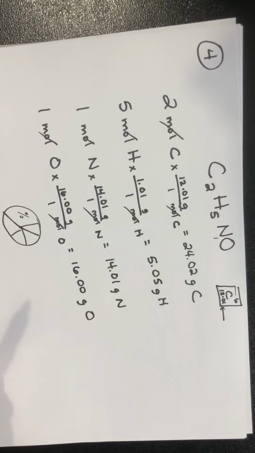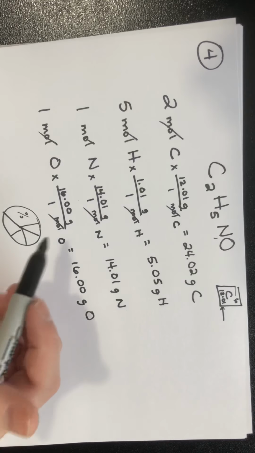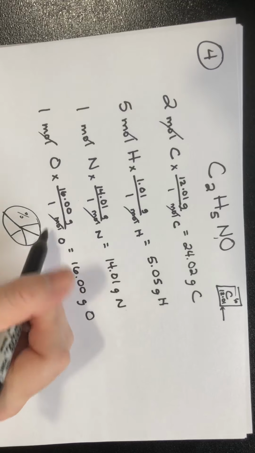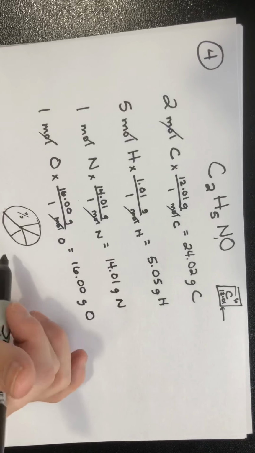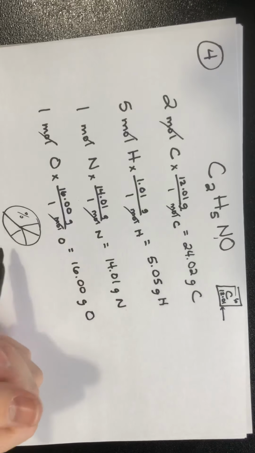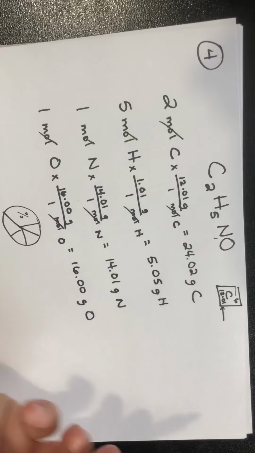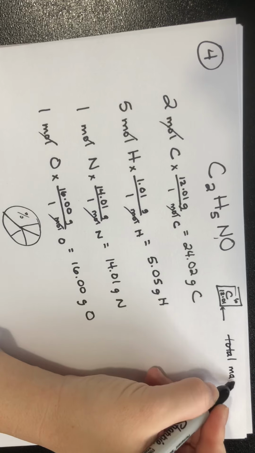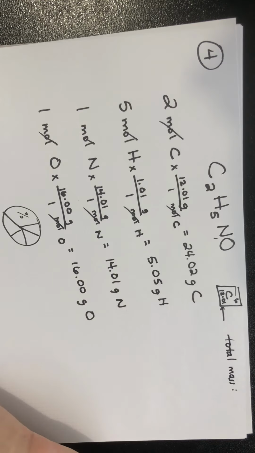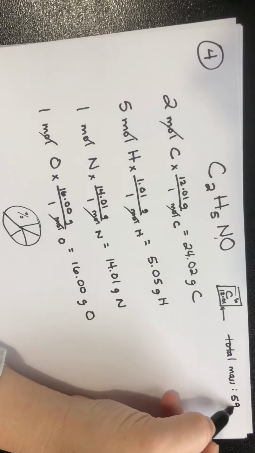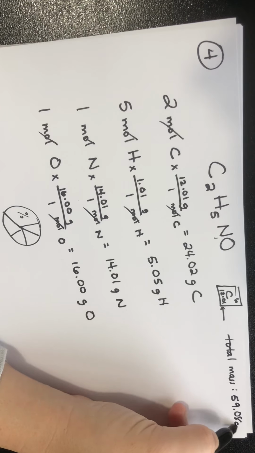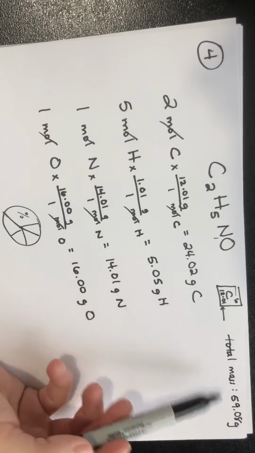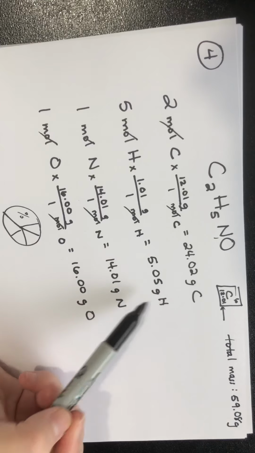So in order to find percentages, we need what the individual chunk numbers are, and we also need what the entire pizza number is, the total. So in order to get that, we're going to have to add all of these up to find our total mass. And if we do add all of those up, we get 59.08 grams.